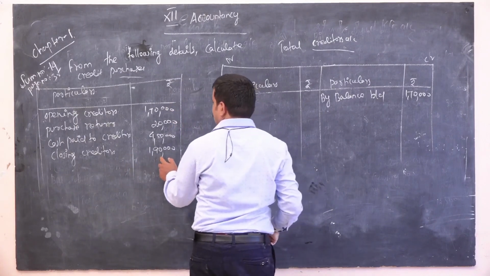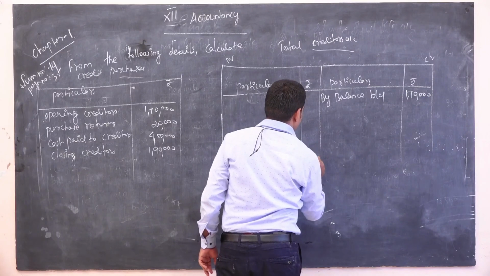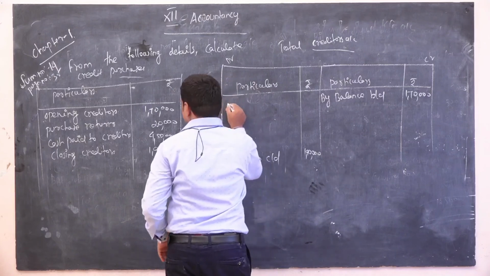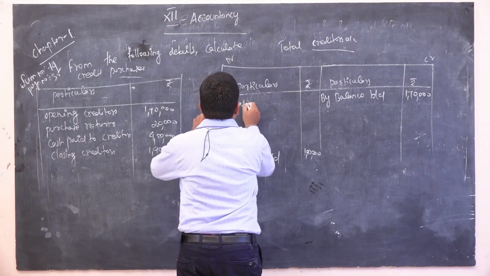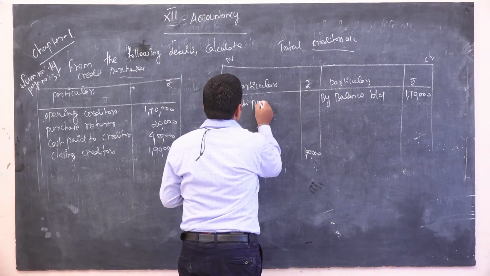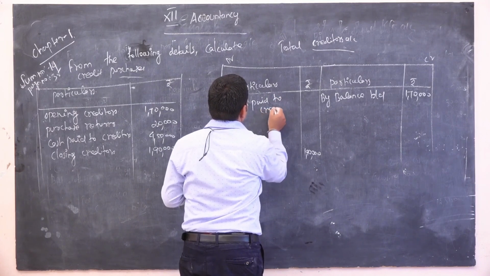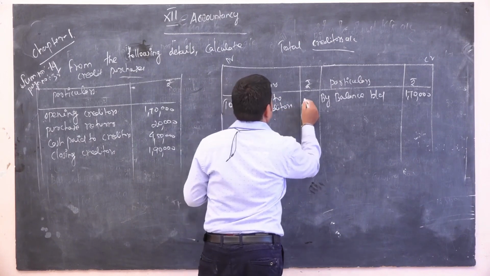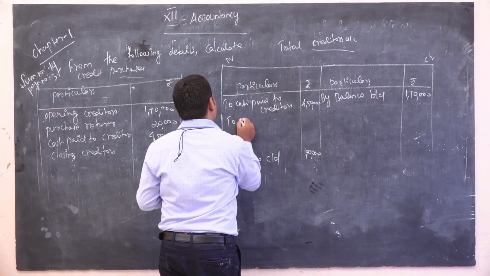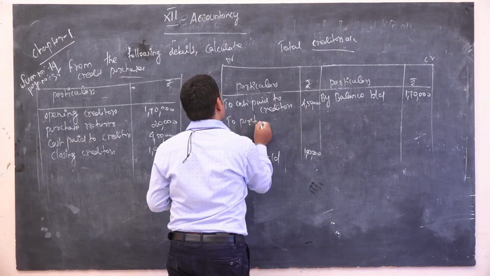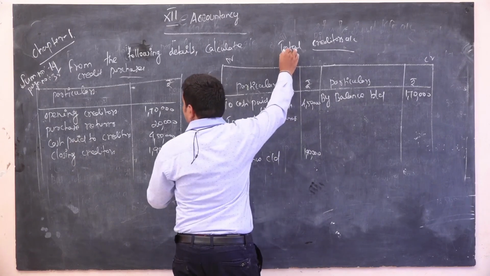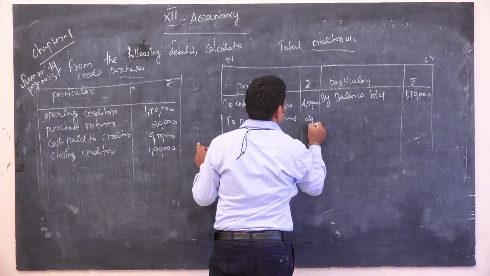The amount is 1,90,000. Next, cash paid to creditors comes under the debit side, 4,50,000. Next, purchase return, which is related to total creditors, the amount is 20,000.